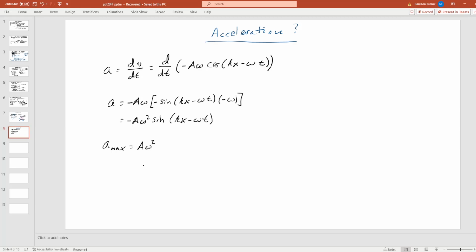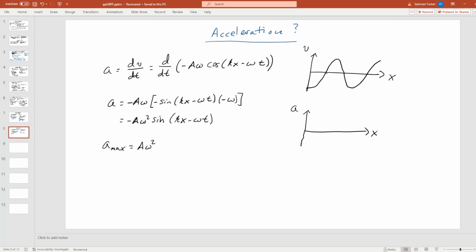And if we look at the plots once again, my velocity as a function of position looks like this, and my acceleration, if we do the same thing, right?